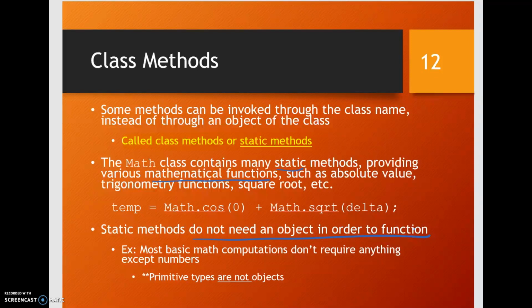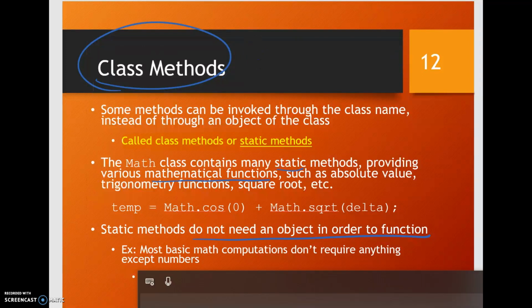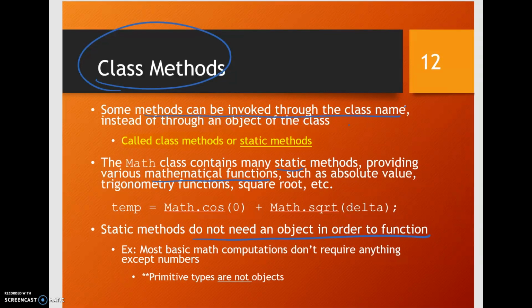When we have these methods or functions that always perform a specific way, regardless of what kind of number called them, then that is what we are calling class methods. As I said, we will develop this concept more in coming weeks, but basically what we need to know is that class methods are invoked through the class name.